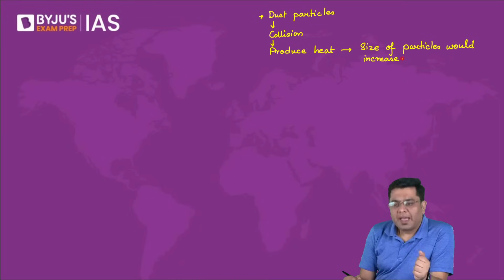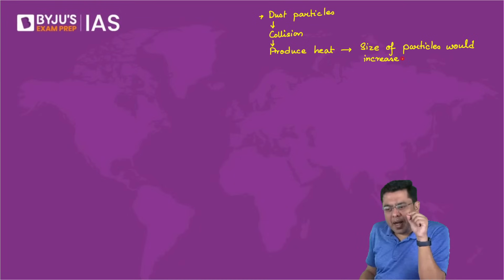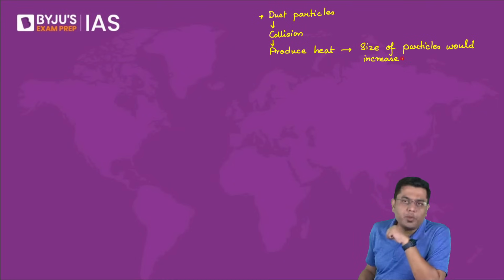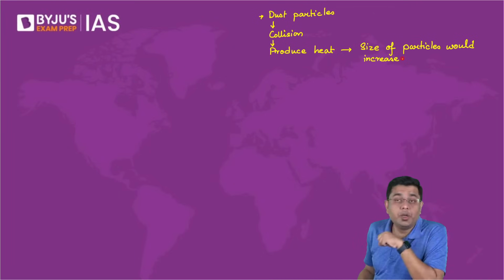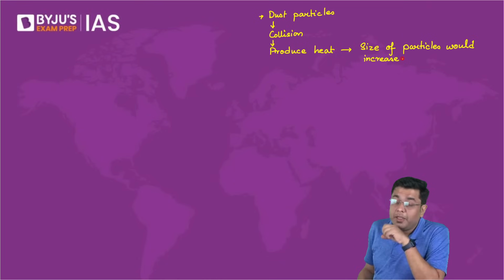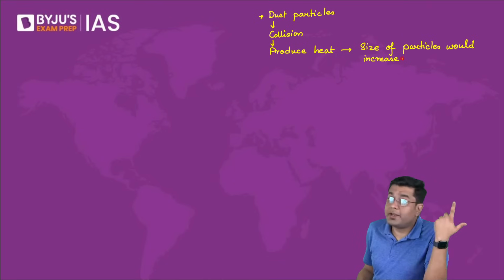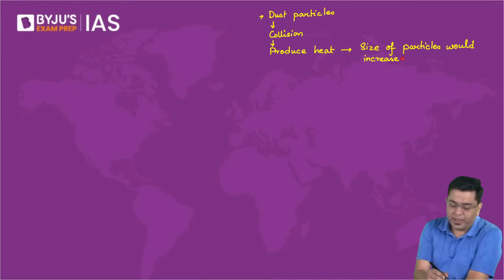Now, as the size of the particles would increase, what would be the consequence of that? Yesterday also we talked about it when we were talking about gravitation. Any object which has got mass can extend a gravitational pull of attraction. So larger the mass, greater the gravitational pull of attraction, right? So let me write it down here.